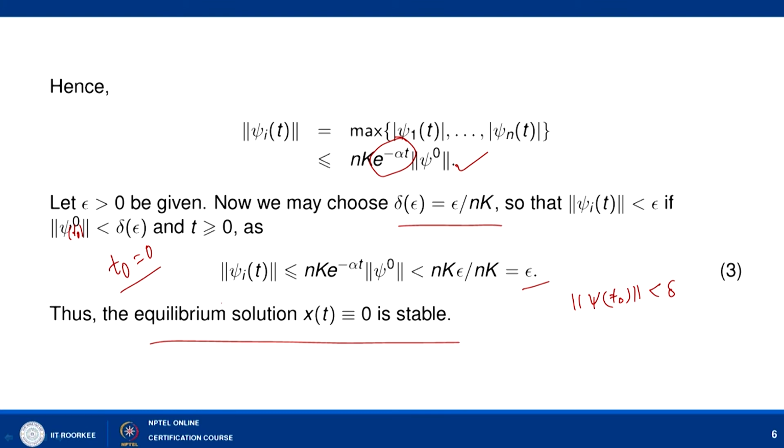Hence we can show that the norm of psi I t is less than epsilon whenever the norm of psi 0 is less than delta, and this shows that the 0 solution is stable. If the 0 solution is stable, we have already shown that any solution of x dash equal to A x is also stable. So if all the eigenvalues of A have negative real part, then the 0 solution is stable, and hence every solution of x dash equal to A x is a stable solution.